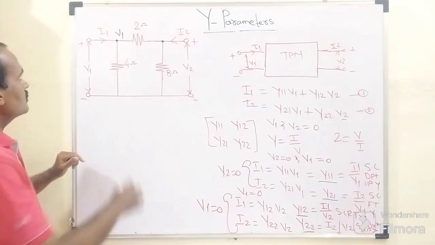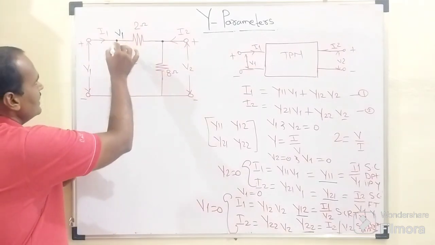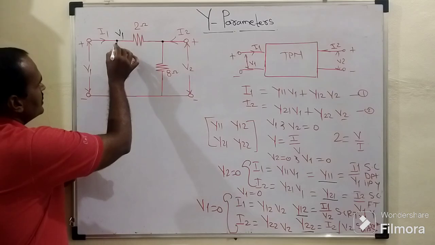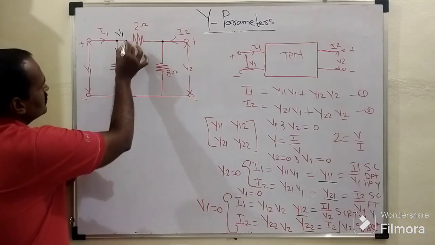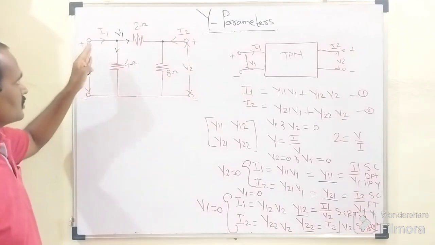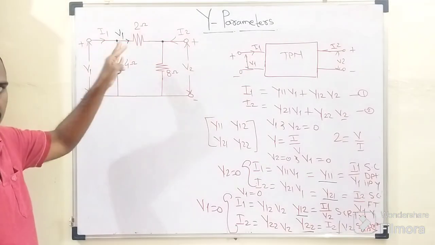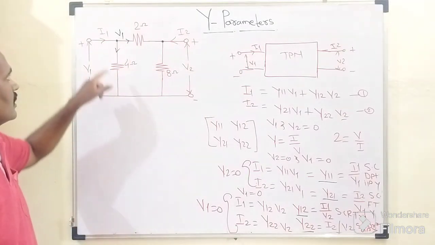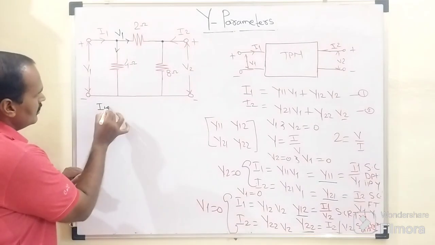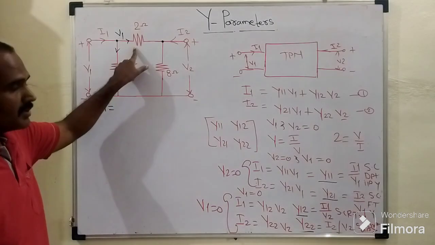Out of those three currents, this I1 is incoming to that node, and the remaining two currents are outgoing from that node. According to Kirchhoff's current law, the summation of incoming currents equals the outgoing currents. Here I1 is the incoming current.